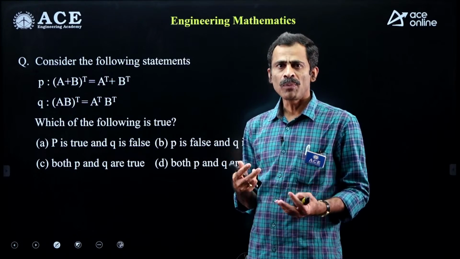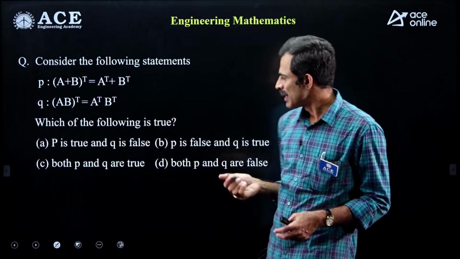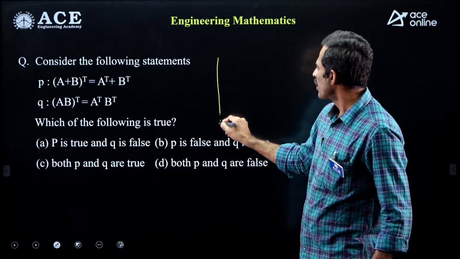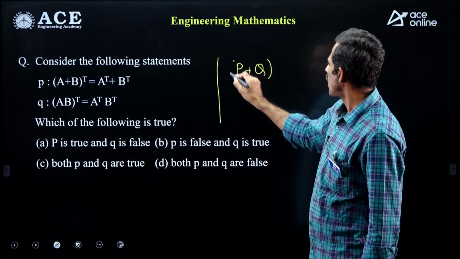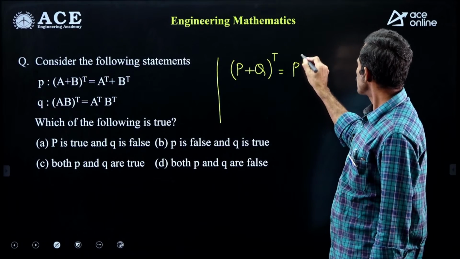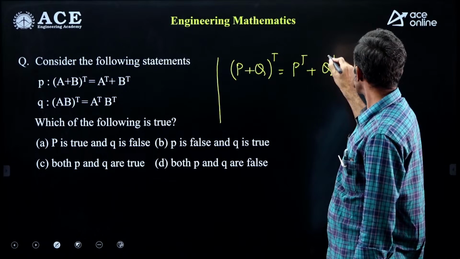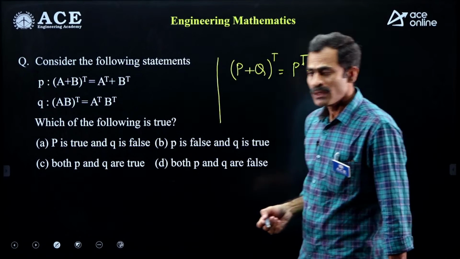Directly from the properties of the transpose of matrices, we can see whether it is correct or not. Now the properties are like this. P plus Q, the sum of two matrices, power T equals P transpose plus Q transpose. Right?